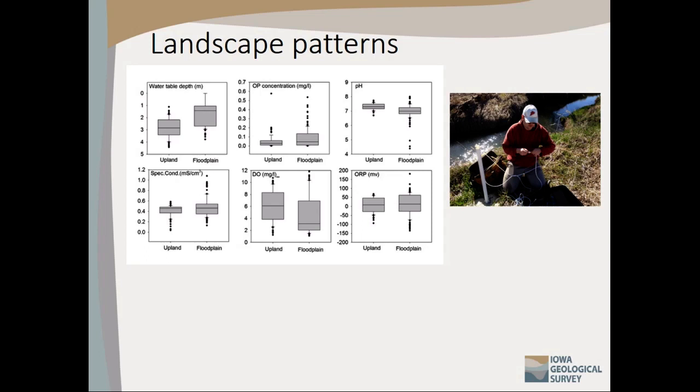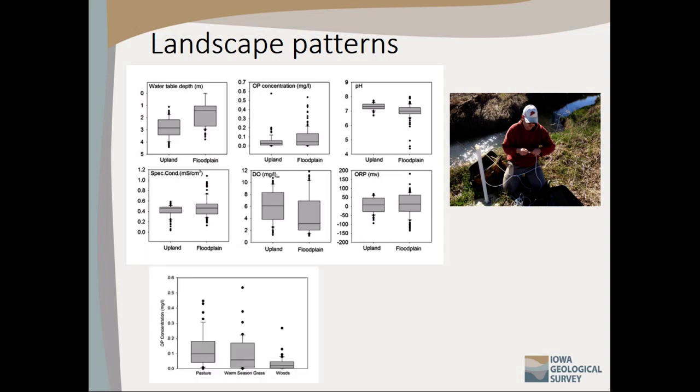But what you did see was differences in water quality conditions and water table depth. Deeper water tables in this box plot beneath the uplands compared to the floodplains. Higher orthophosphorus concentrations in floodplain compared to the uplands, and you can see DO conditions and specific conductance variations across the watershed.